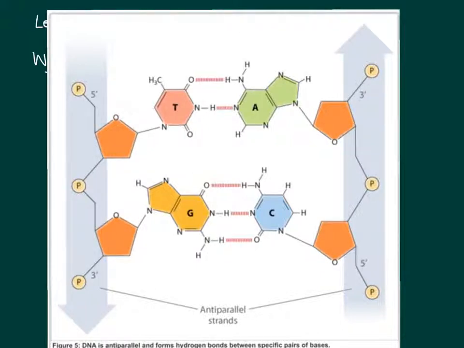So the reason that it becomes so important is what holds the nitrogen bases together in the middle of the strand is drawn in red right here as red dashed lines. Those red dashed lines are a type of bond that we learned about in Chapter 2 called a hydrogen bond.